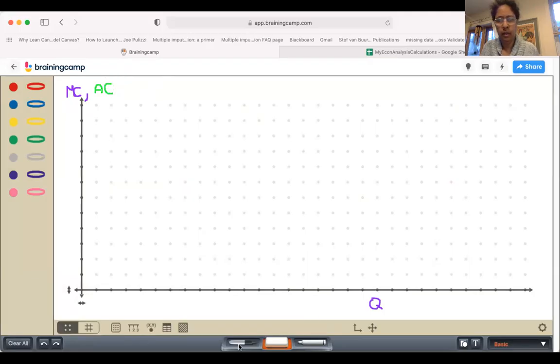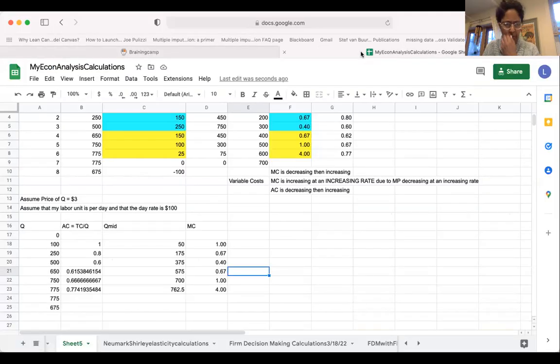Okay. And so what are the numbers that we need to have? The quantity has to go to 775 here, so I'll make it go up to 800. And then we've got these very minor differences, trying to get 76.76.